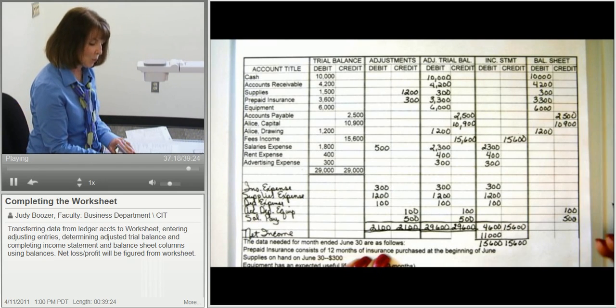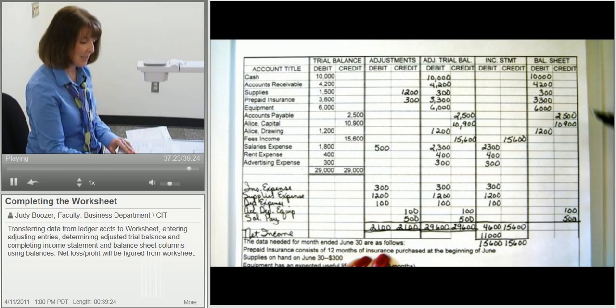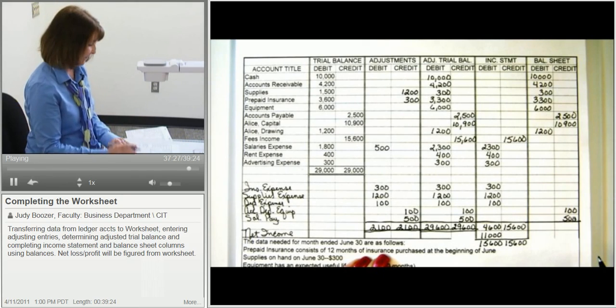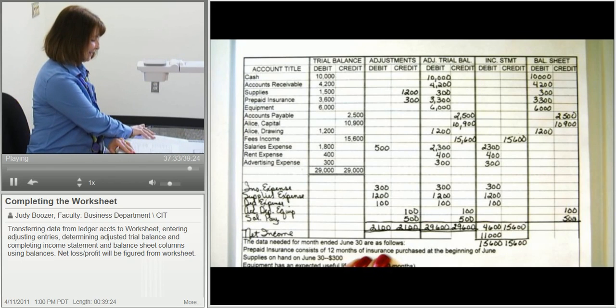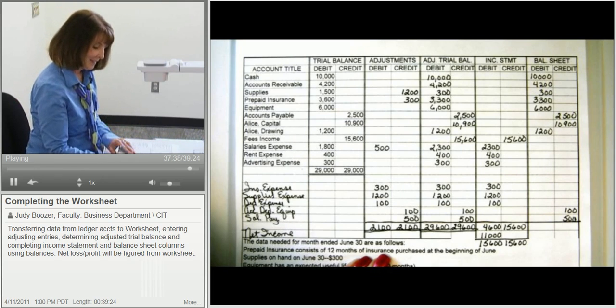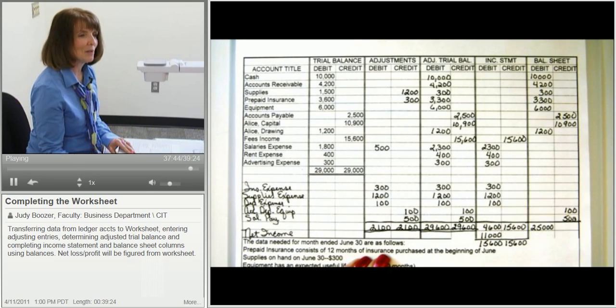Now you're ready to rule, and I want you to add up your debits and credit columns to see what you get. What are you getting for the debit column? Hopefully the same as I did. Did you get 25,000? Yeah.